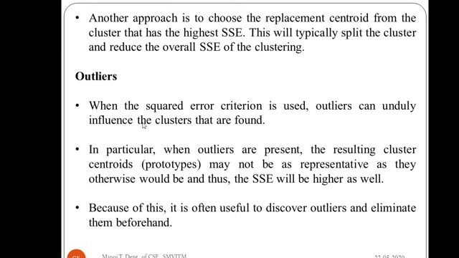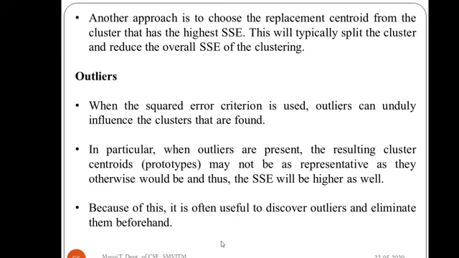When the squared error criterion is used, outliers can unduly influence the clusters that are found. In particular, when outliers are present, the resulting cluster centroids or prototypes may not be as representative as they otherwise would be. The SSE will be higher as well.